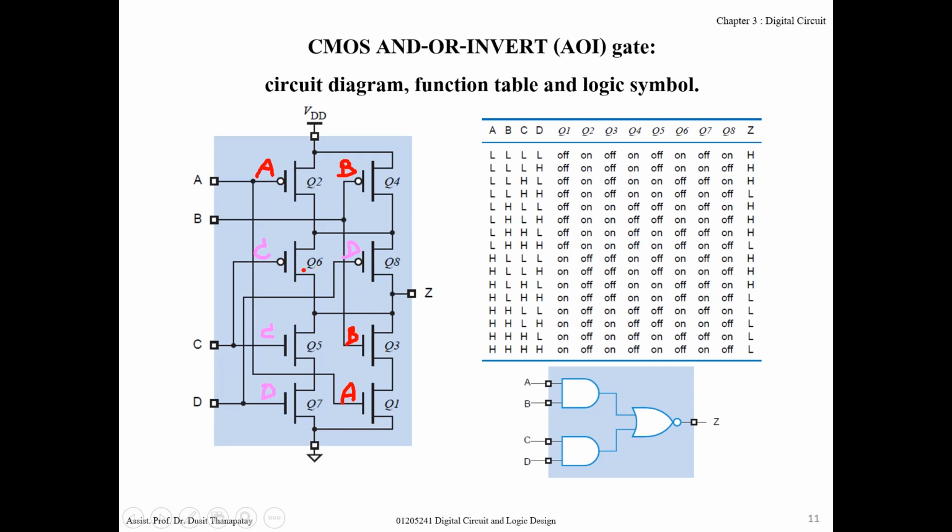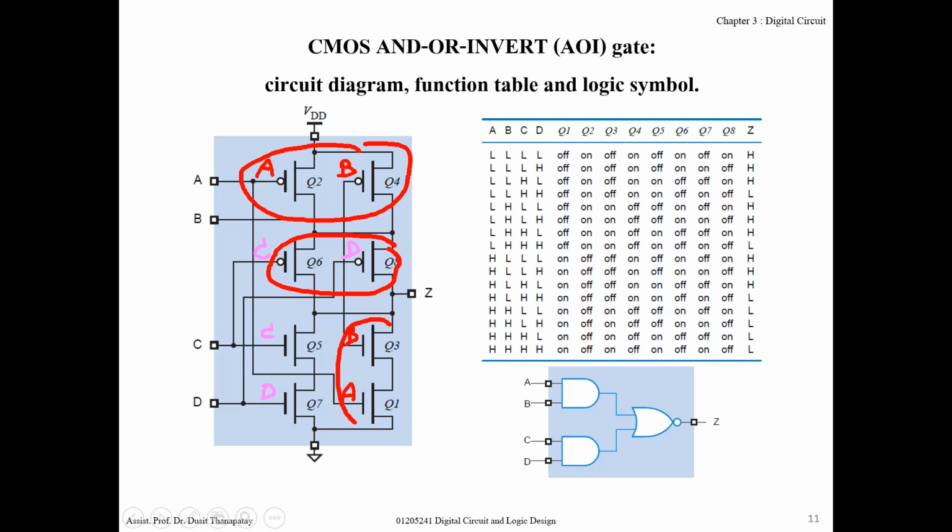And for C and D, the transistors controlled by C and D at the upper part connect in parallel, but at the lower part connect in series. And this group of transistors connects to this group of transistors in series.